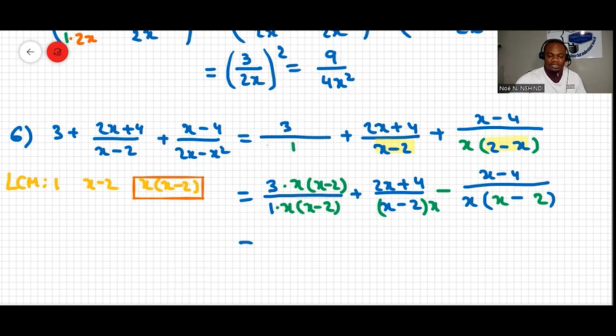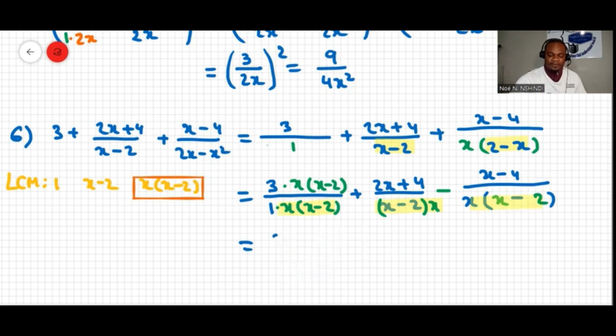Then this will be, 3 times x is 3x, 3x times x makes 3x squared, minus 6x, all over x open bracket x minus 2, plus 2x. I prefer to combine now. Because we have a common denominator, we can just combine the numerators.